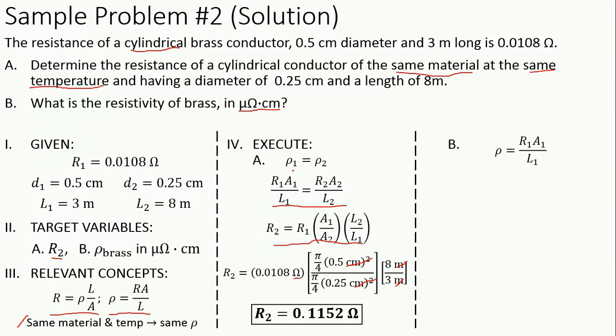Both will yield the same value of resistivity, but as a rule of thumb, we use the left hand side. Why do we prefer the left hand side? Because the values of R1, L1, and D1 are given.